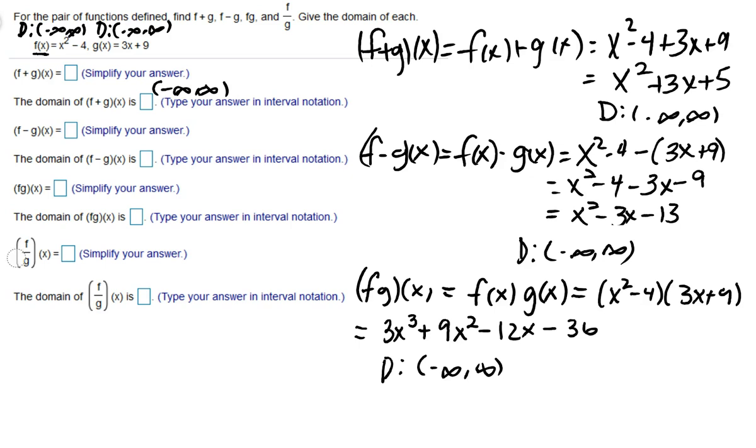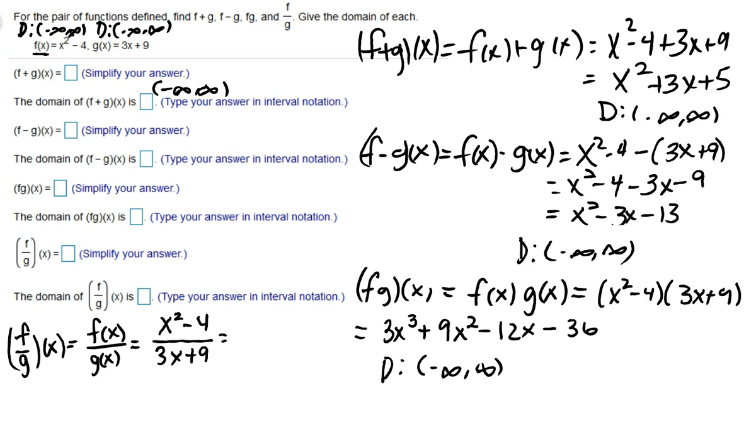The next part, f over g of x. f over g of x is the same thing as f of x over g of x. So I'm going to have x squared minus 4 in the numerator and 3x plus 9 in the denominator. When you simplify expressions like this, a rational expression, you want to factor and see if there are any common factors that you would cancel out.